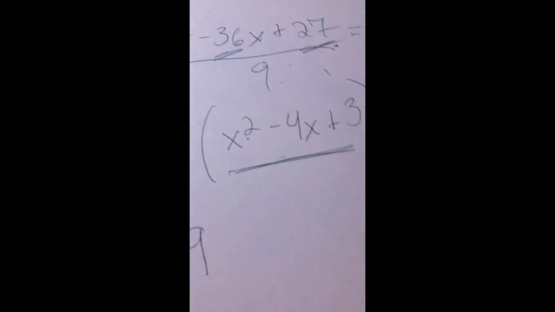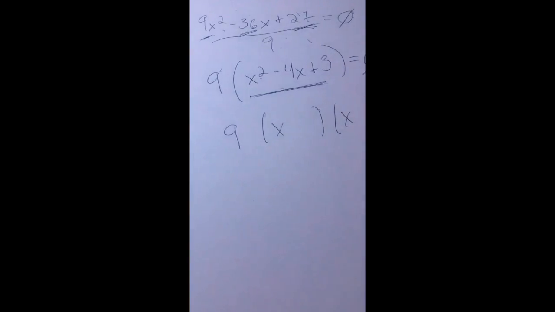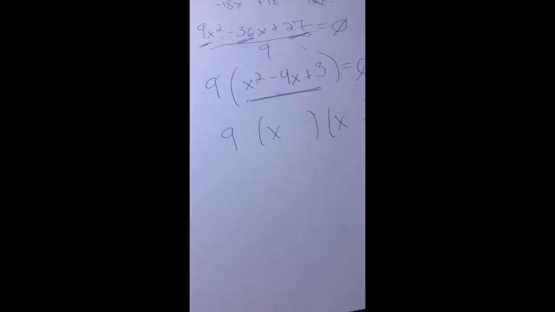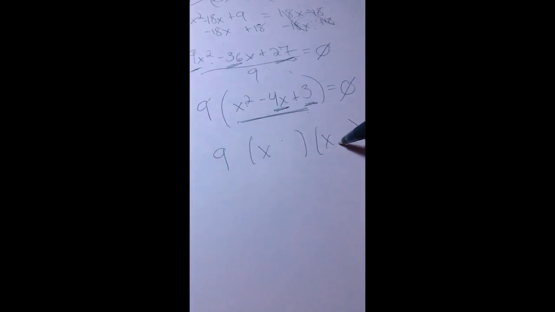The next thing you're going to do is factor this out more. We keep the 9 on the outside, but now we can ignore it because we want to focus on what's on the inside. Usually when we want to find the x values, there's a simple trick: when you multiply the two numbers together, they should equal the constant, and when you add them together, they should equal the number with the x.